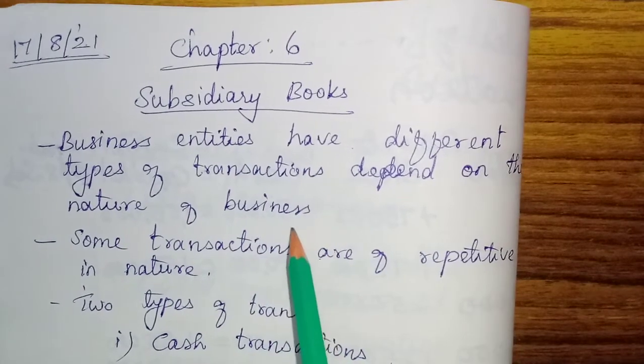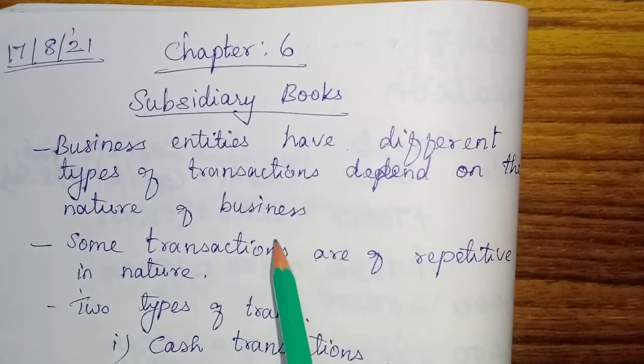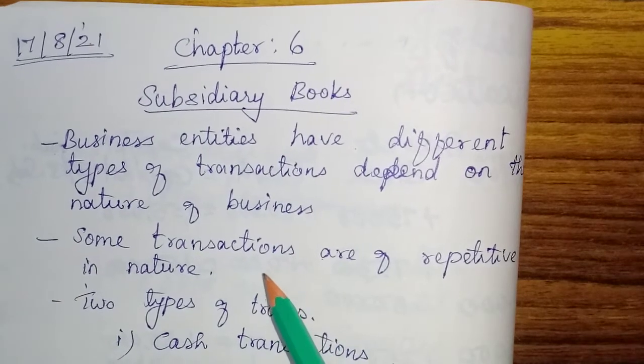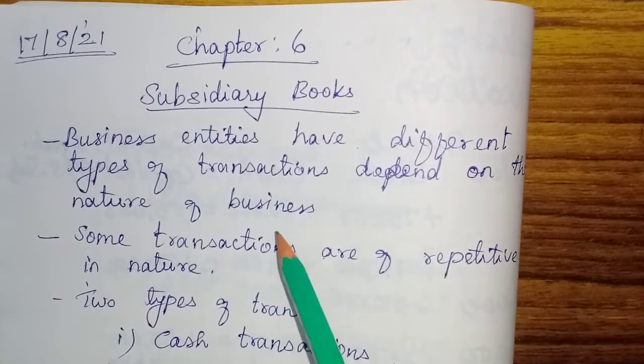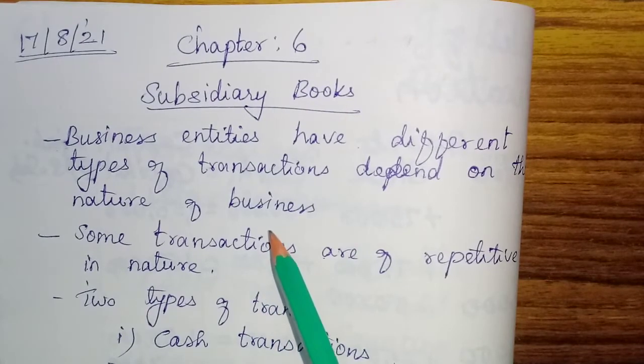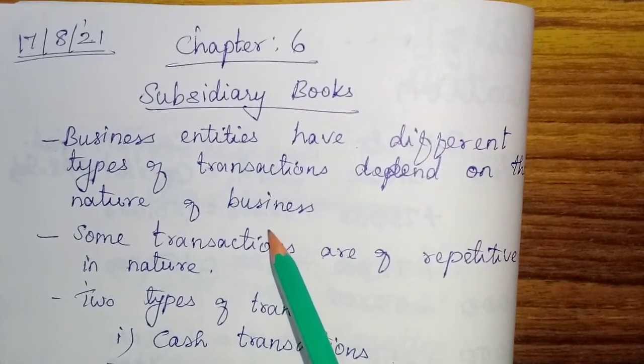It depends upon the nature of the business. Purchase and sale of textiles will be more in a textile business. In a grocery shop, different kinds of things are sold in small quantities to different customers.